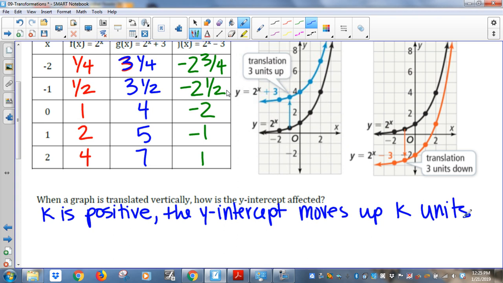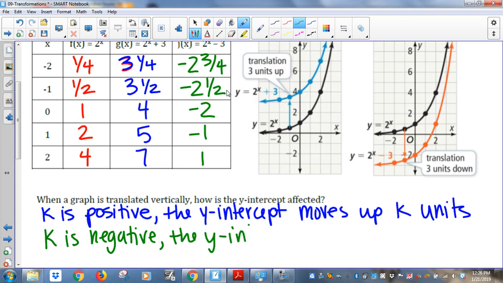Now, when k is negative, the y-intercept moves down k units.